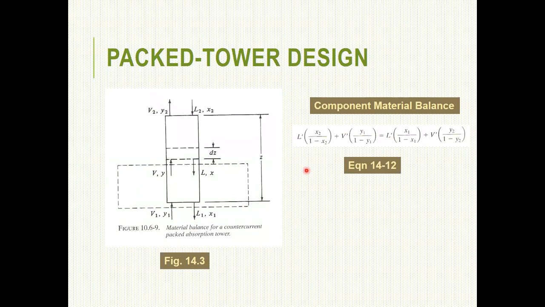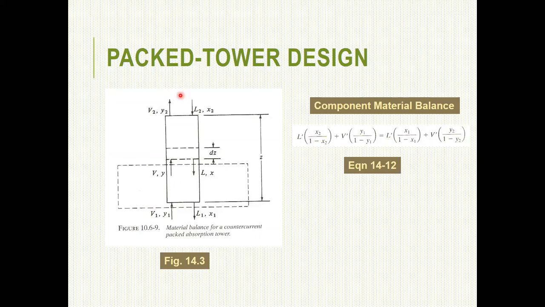Now, in our multi-stage system, absorption or stripping, our component balance using the inert streams is still pretty much the same as the one we had in the single stage unit. But look very closely that the way we label the streams now is just 1 and 2.